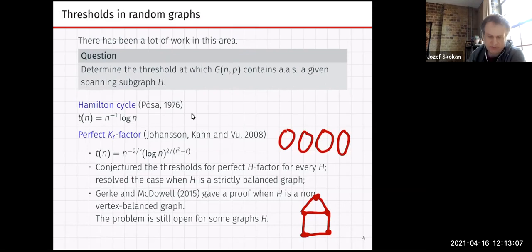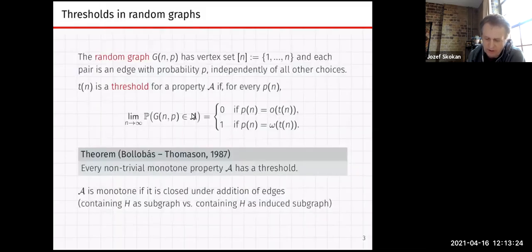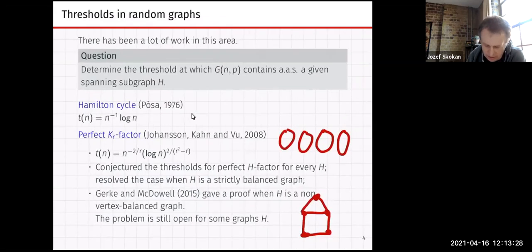All right, so we now have a nice question for random graphs. We try to see when the spanning subgraph, which is a factor of a given copy of H, appears. Or we are looking for a threshold where a graph of large minimum degree contains such a factor.